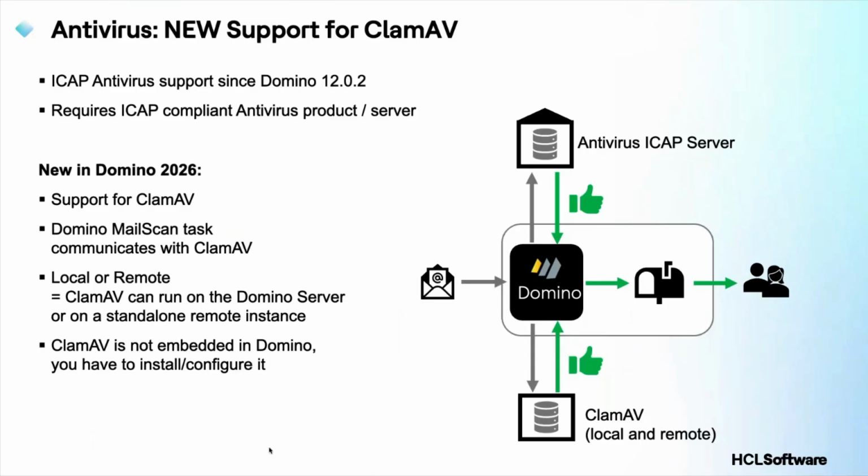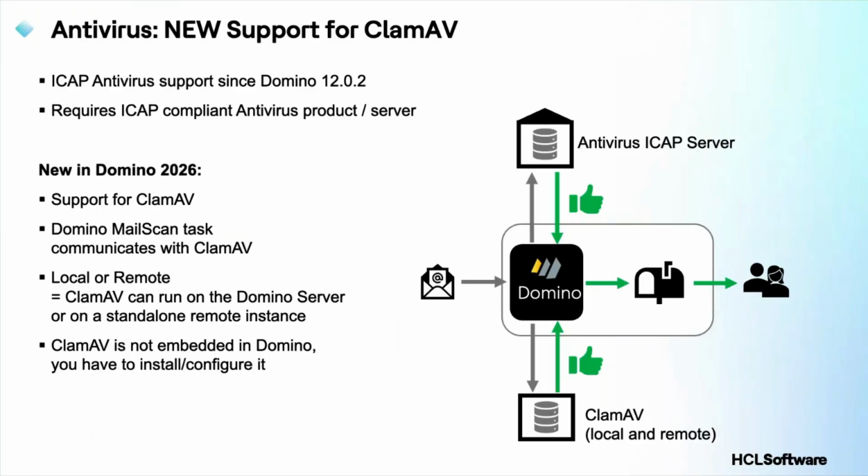This does not need to be a remote server. This can be a local server. So it could be the local machine, the same operating system that Domino runs on. And by that, all combined, it basically provides a free antivirus scanning tool which is supported by Domino.